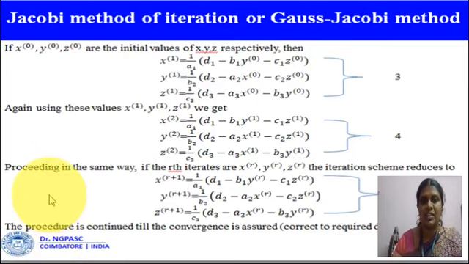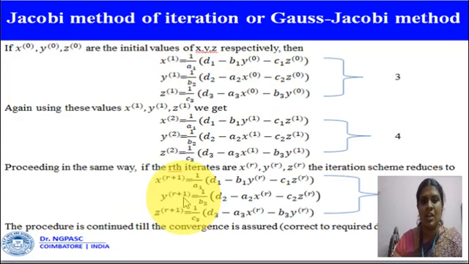Now, starting with the iteration. In the first iteration, x, y and z will have initial values of 0, and you substitute these values in all the equations simultaneously to get the new values of x, y and z. The values you get in the first iteration are substituted in the second iteration, and the values from the second iteration are substituted in the third.